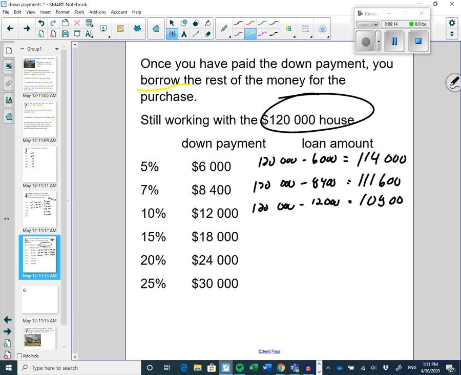And so on, 108,000. Okay, just a subtraction question, that's all it is. I don't think I need to keep going there. You basically just take the $120,000 and you're subtracting the down payment.